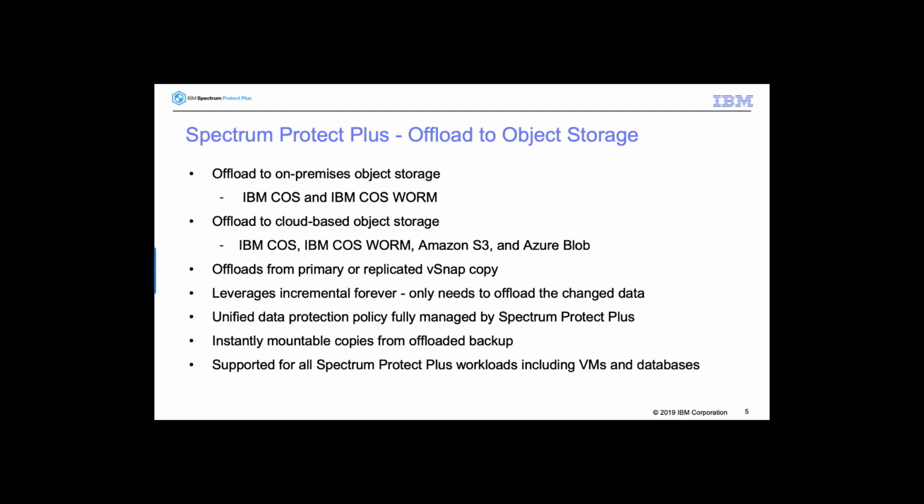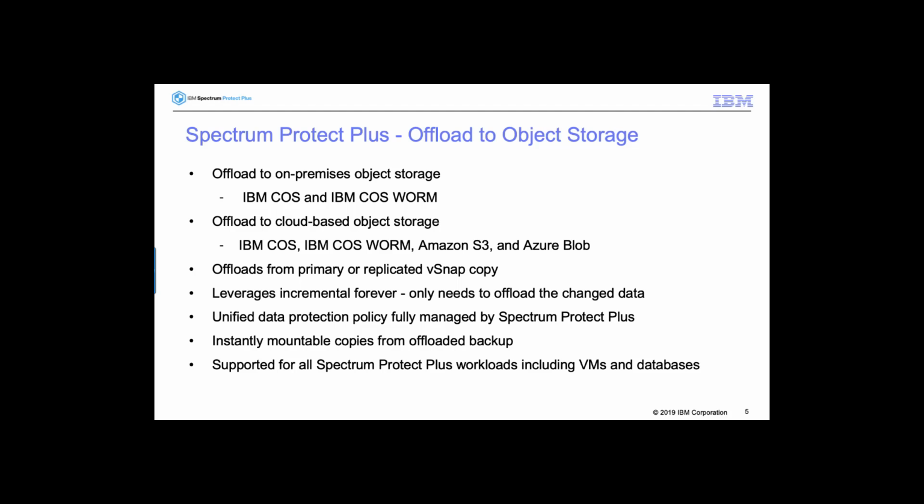First, starting with object storage, we can offload to either on-premises IBM Cloud Object Storage or IBM Cloud Object Storage WORM, and this is one of the advantages of IBM Cloud Object Storage. It can be deployed as an appliance in your data center if you'd like to store data there at a very economical cost.